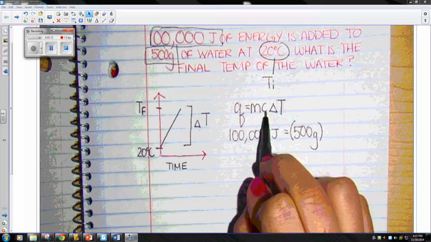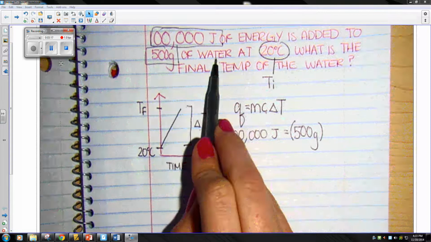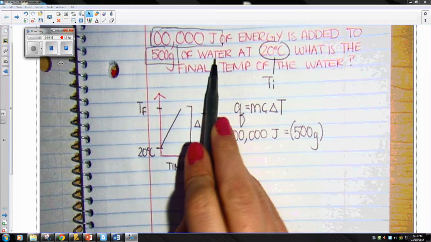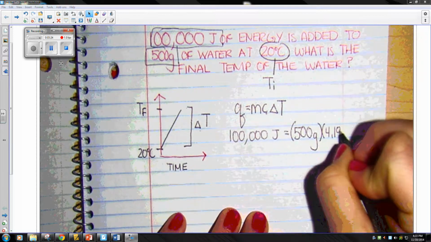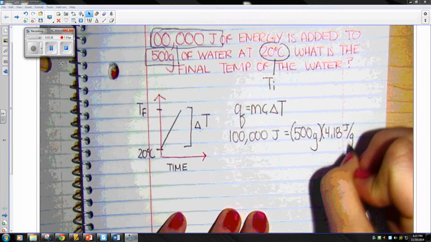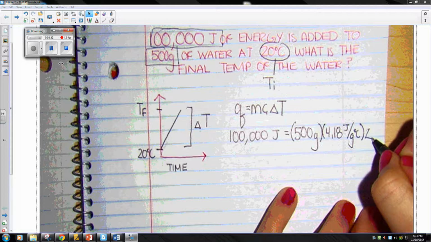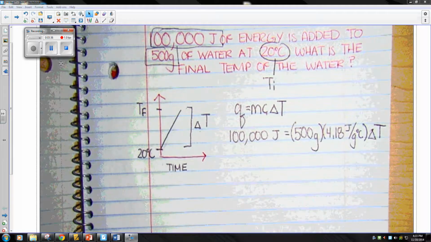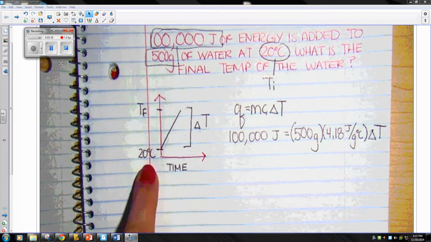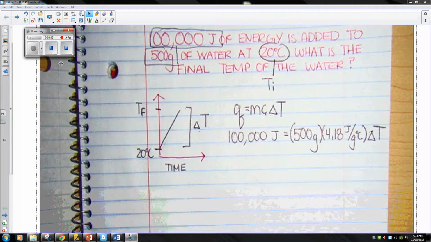Well, you have to ask yourself, what are we heating up? We're heating up liquid water. So we need to use the specific heat of liquid water, which is 4.18 joules per gram degree Celsius. And we're trying to find our delta T. So we don't know what that is yet. We do know our initial temperature, but that's not our change in temperature. That's just their starting temperature.